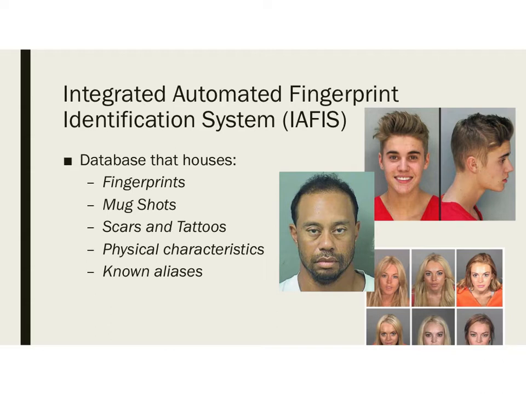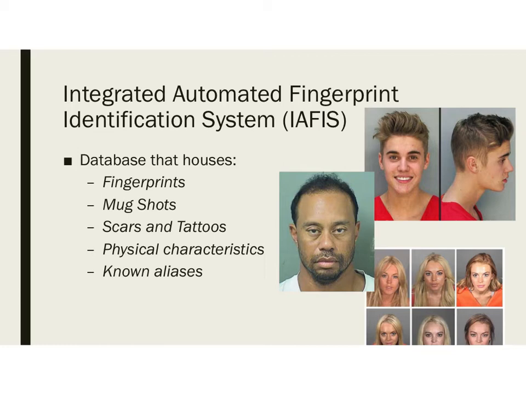AFIS allows for all of our data about criminals to be within one system. So in that one system, we're going to have mugshots, any scars or tattoos, any physical characteristics of the individual, the known aliases.